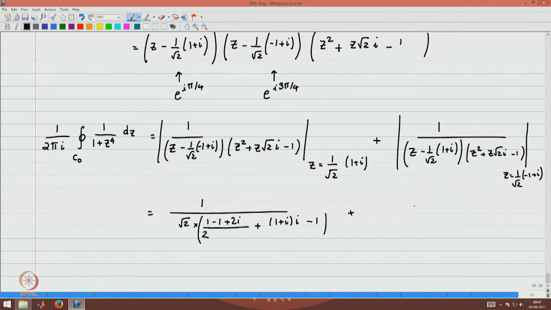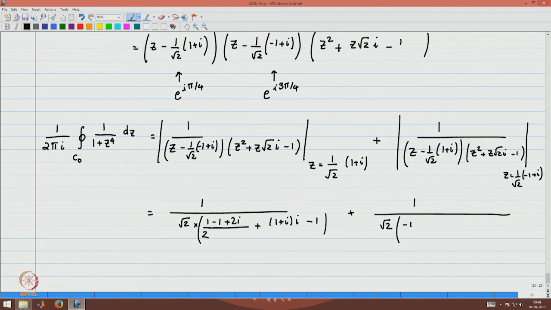The second residue is 1 divided by, now in this case I have to substitute z equal to 1 by root 2, minus 1 plus i. And again what you will see is that the i term will cancel. So, you will just have root 2. Now, z square in this case will give me i again. So, z square will give me 1 by 2, and the 1 minus 1 will cancel and you have minus i.